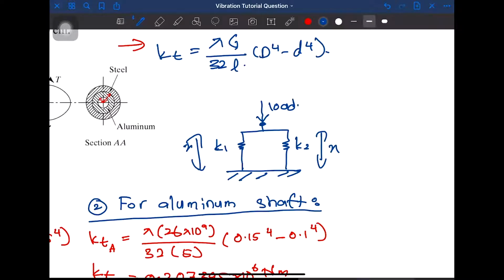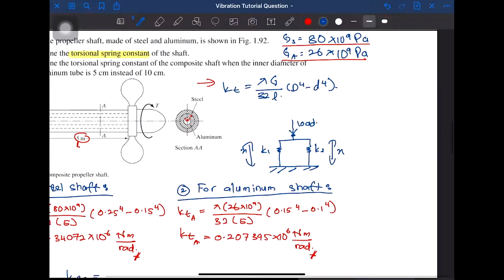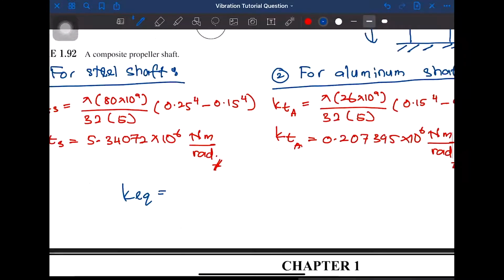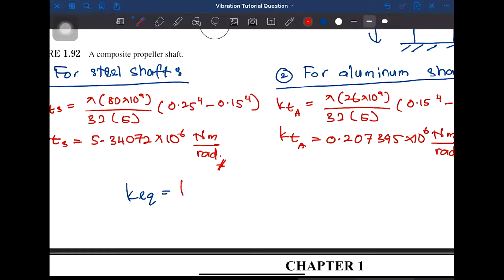If I draw it this way, you can actually see it is parallel. In parallel configuration, the equivalent K is the sum of both Ks. So basically, K equivalent equals the torsional stiffness for steel plus the torsional stiffness for aluminium.